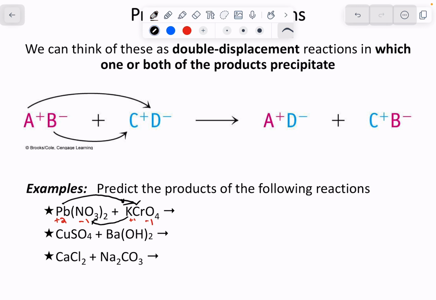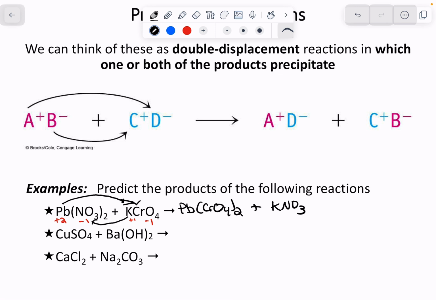So when we do the precipitation reaction, we're going to have lead 2+ reacting with this CrO4. If we crisscross, you'll get PbCrO4, and then K is +1, so KNO3.